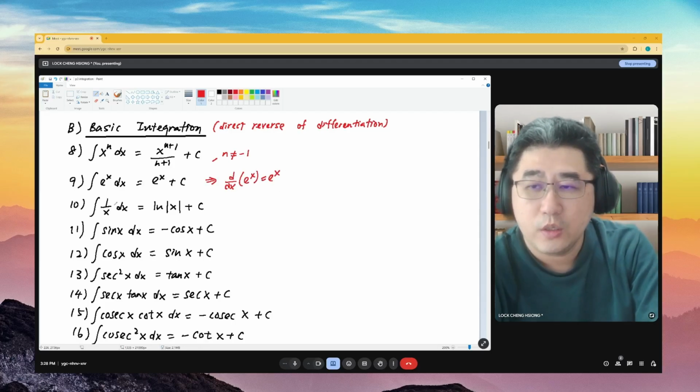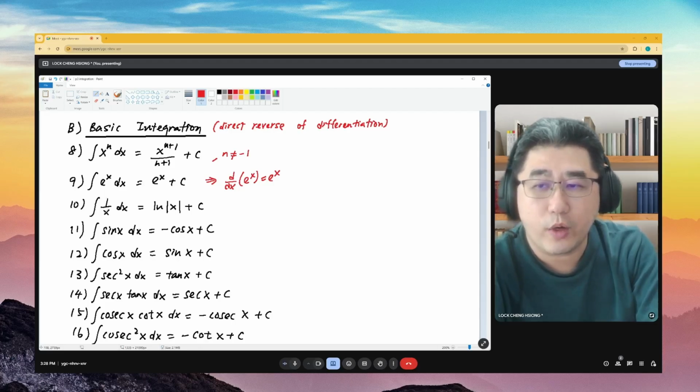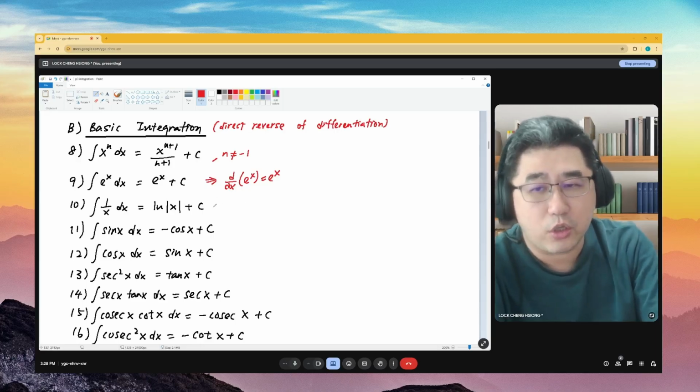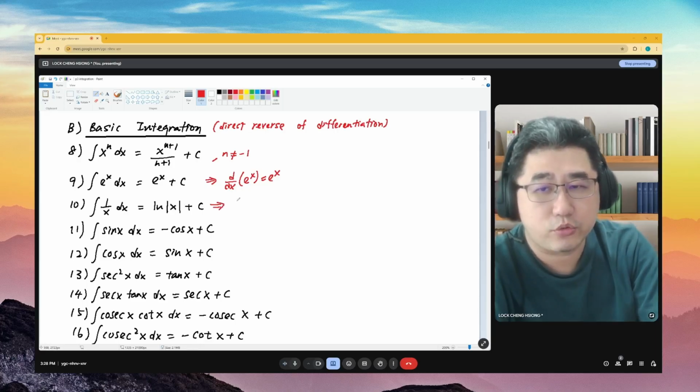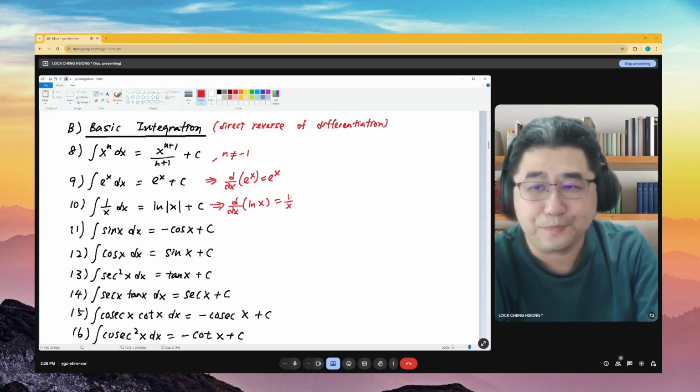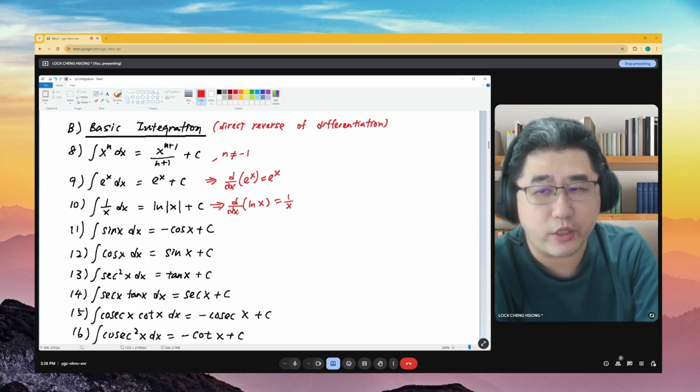Number 10, the integral of 1 over x gives you ln|x|, with a modulus. Again, this is a direct reverse of differentiation, because the differentiation of ln x gives us 1 over x. You already learned the proof, so this is just a reverse relationship.